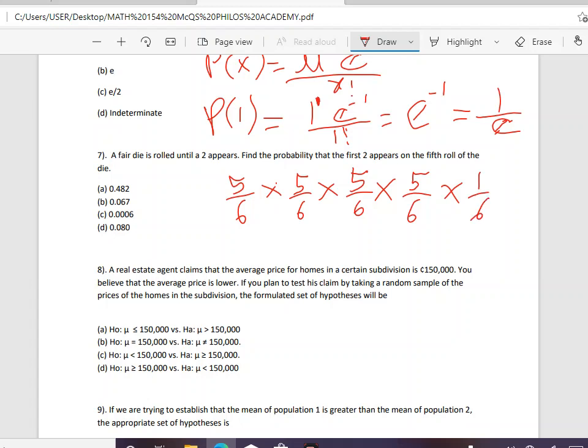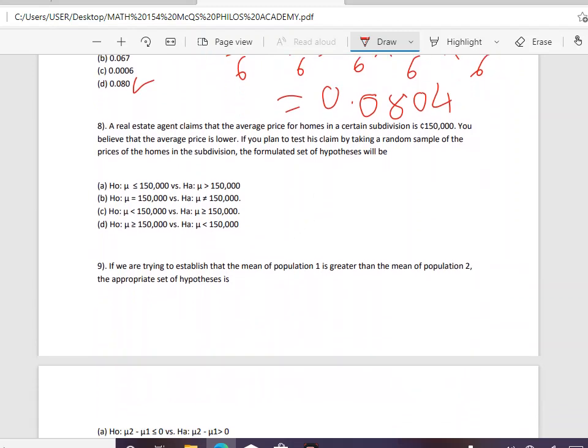When you multiply all this, I believe you get 0.0804 in decimal. So this makes the answer for question 7 D. They've approximated it to 3 decimal places, so 0.080.